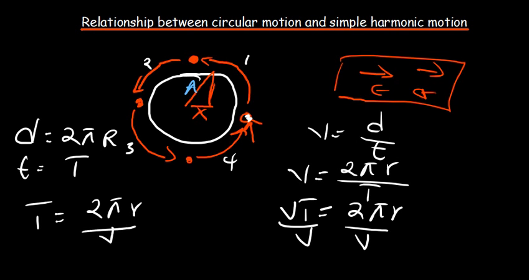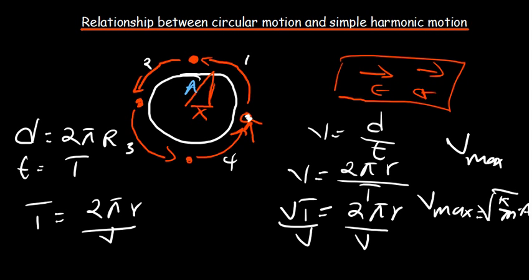If we can recall very well, when x was 0 we had the maximum velocity. So the velocity we are talking about here is the v max. If you can recall, we said v max is equal to the square root of k over m times a.